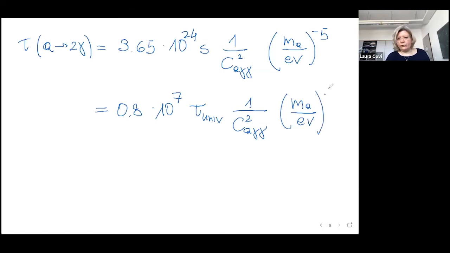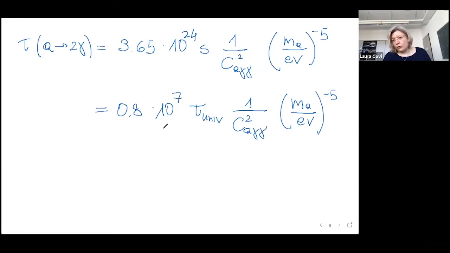Of course, if you take the mass of the dark matter to be 10 to the minus 5 electron volt or 10 to the minus 6, you get a huge suppression. So you really don't have to worry about the axion decaying today. You would never see this decay, or you would have to wait a huge amount of time. The only problem in this case is if the mass is above the electron volt. If you have a 20 or 30 electron volt axion, then you could have expected the decay to happen now.